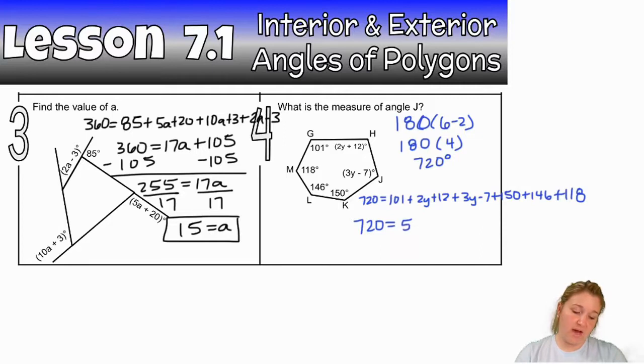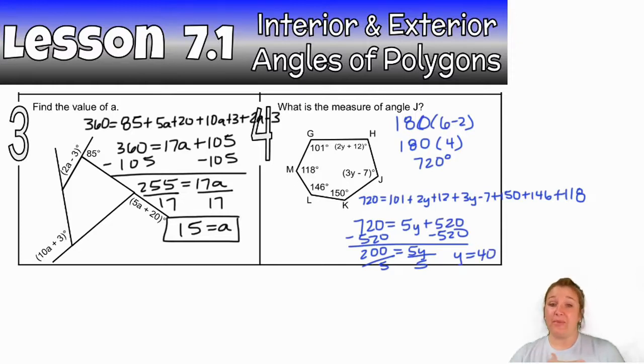So I end up with 5y plus 520. Then I'm going to subtract that 520 from each side, and I get 200 is equal to 5y. Then divide by 5 on each side, and y is equal to 40. Now, I'm not done because I'm going to have to replace that y.